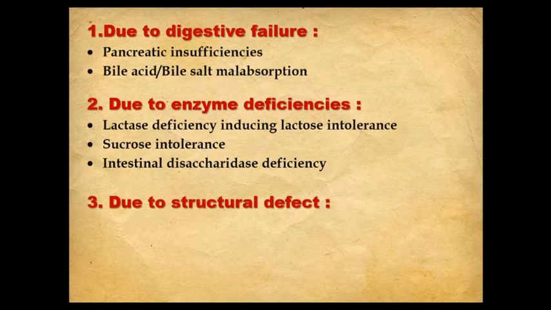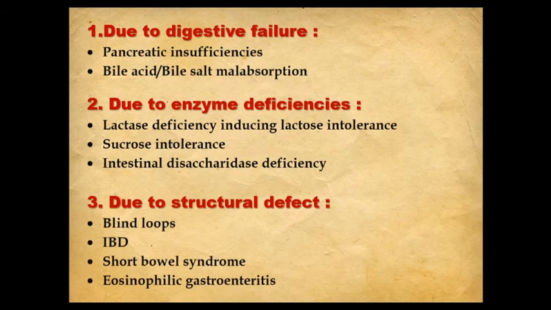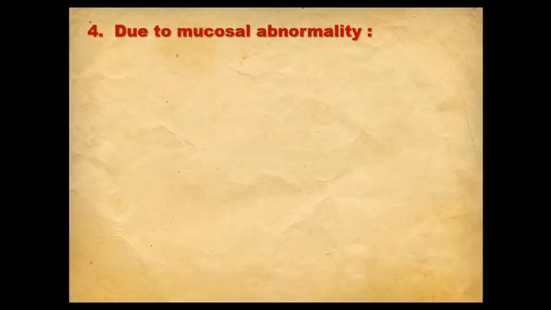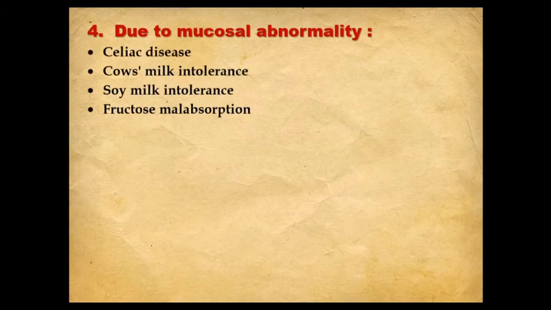So structural defect, like in blind loop syndrome, inflammatory bowel disease, short bowel syndrome, or eosinophilic gastroenteritis. The fourth group of causes could be due to mucosal abnormalities, like in celiac disease, cow milk intolerance, soy milk intolerance, and fructose malabsorption.